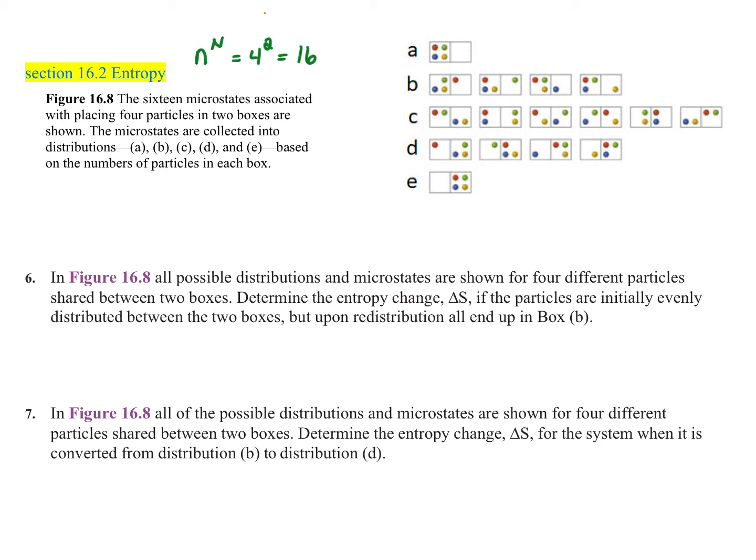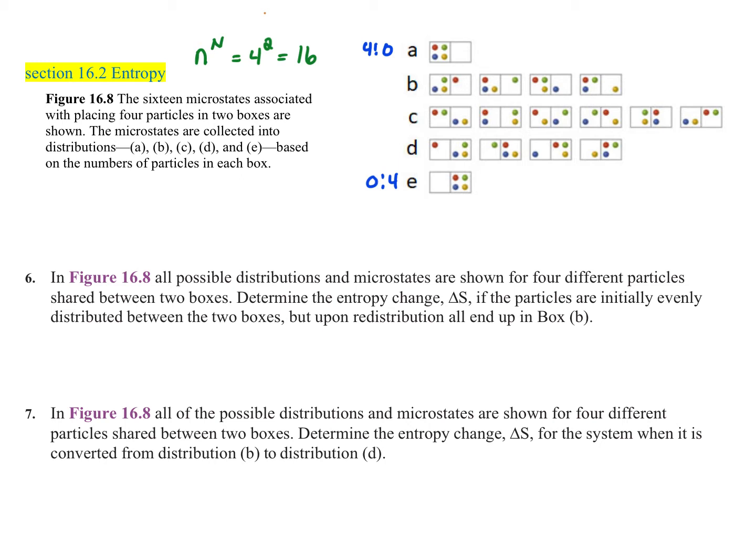When we look at these, we see that A and E are equivalent distributions. This corresponds to 4, 0, and this is 0, 4. Both of these being all the particles in one box.